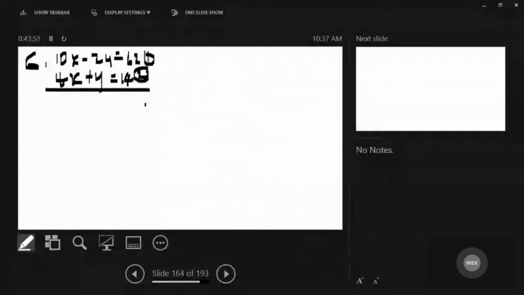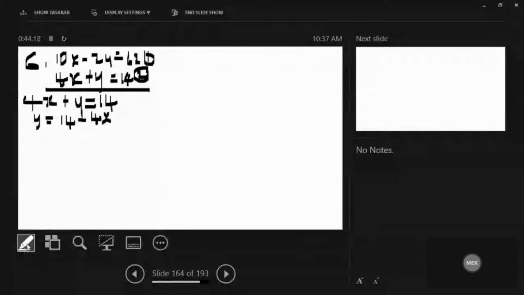Okay, so the one that has a coefficient of 1, that would be this y. So we're going to transpose to make y the subject. So 4x plus y is equal to 14. So y is equal to 14 minus 4x.